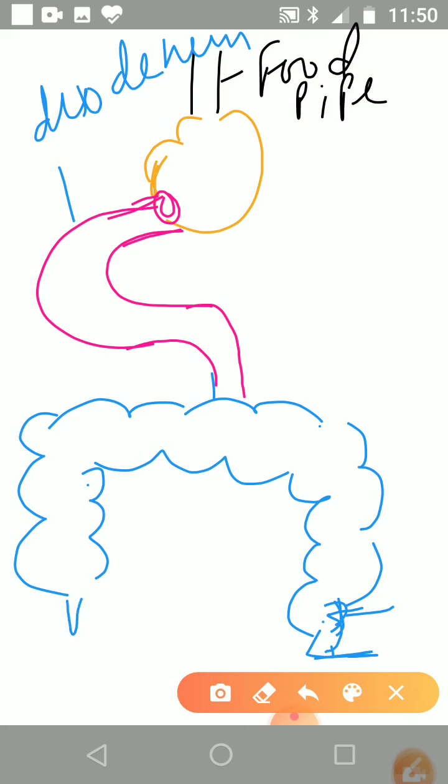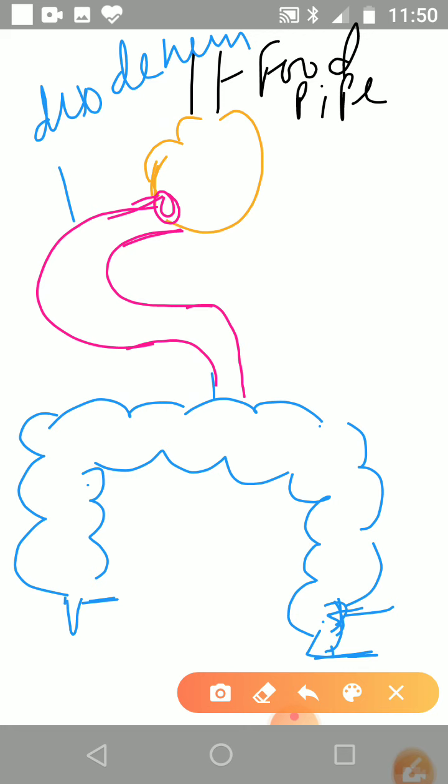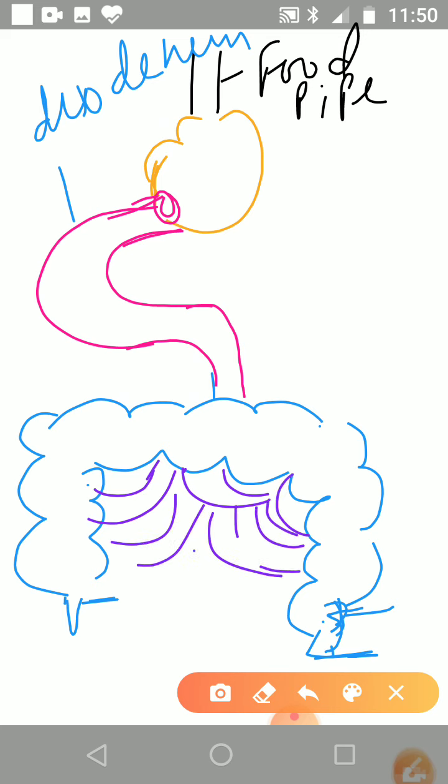Here we have a small finger-like projection which is called the appendix, and then this small intestine is a highly coiled part. I'm just doing a rough diagram so that you can understand.